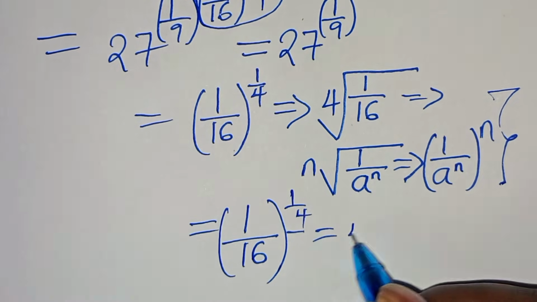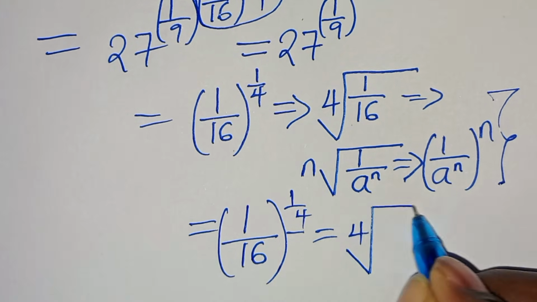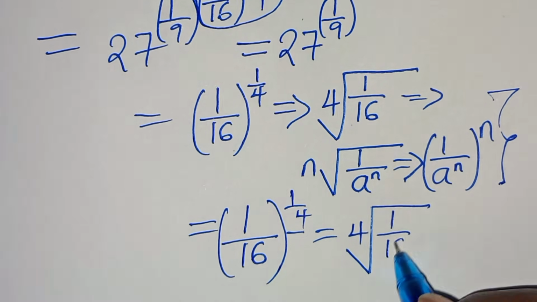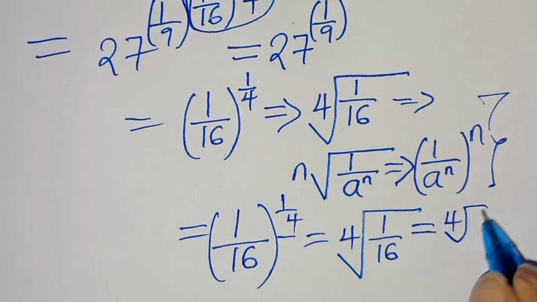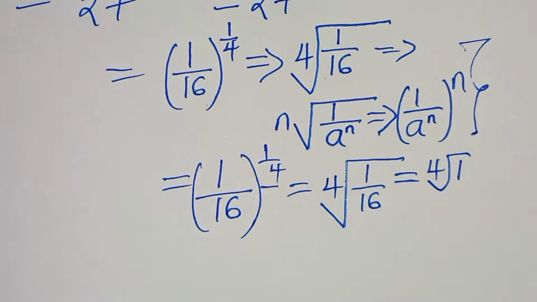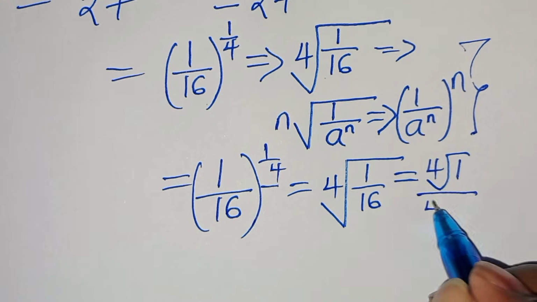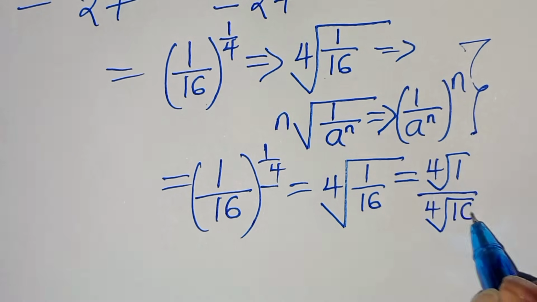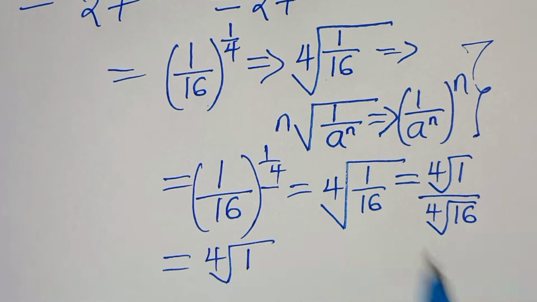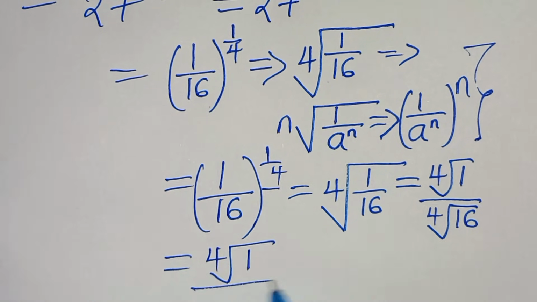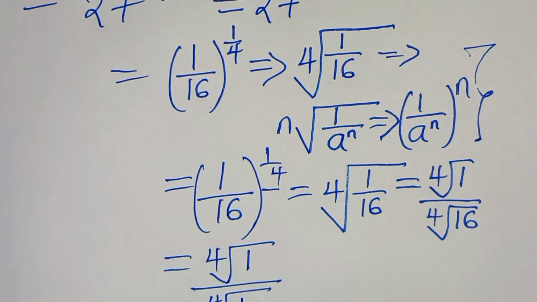This is the same thing as the fourth root of 1 over 16. And this is equal to the fourth root of 1 divided by the fourth root of 16.